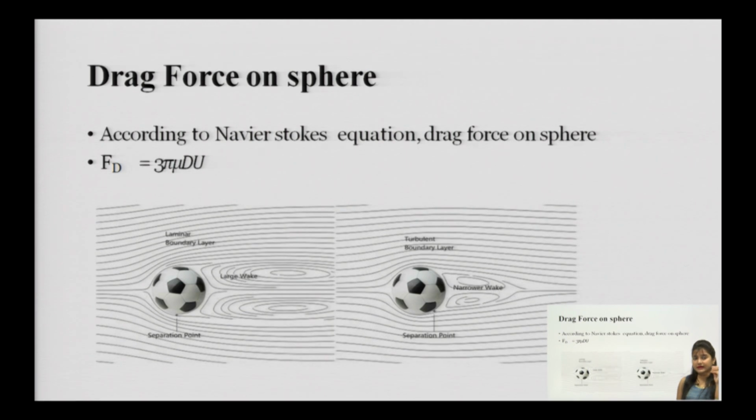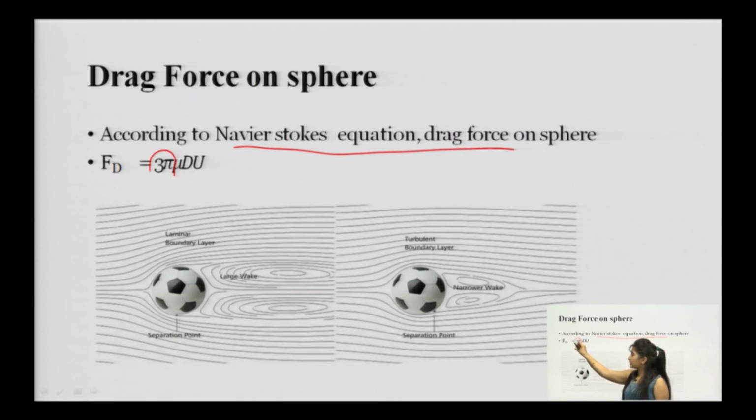According to Navier-Stokes, all those spheres having Reynolds number less than or equivalent to 0.2 will have drag equal to 3 pi mu d u. That is, Navier-Stokes gives an empirical relationship between the drag force and the particle size whose Reynolds number is less than 0.2.